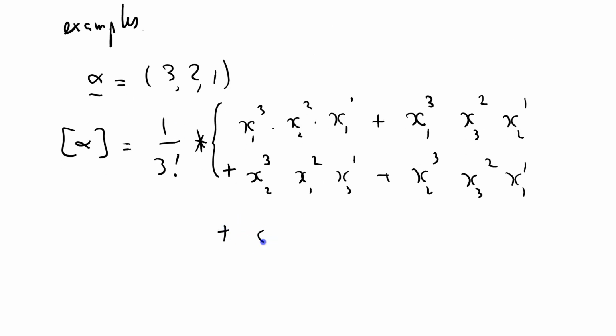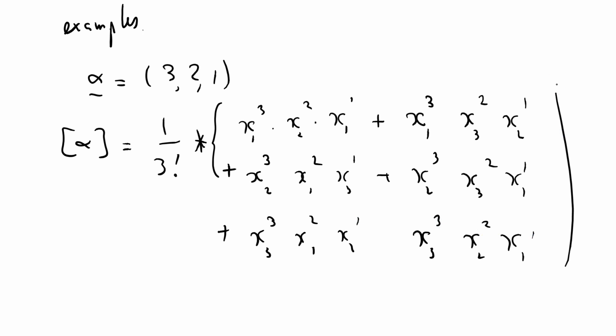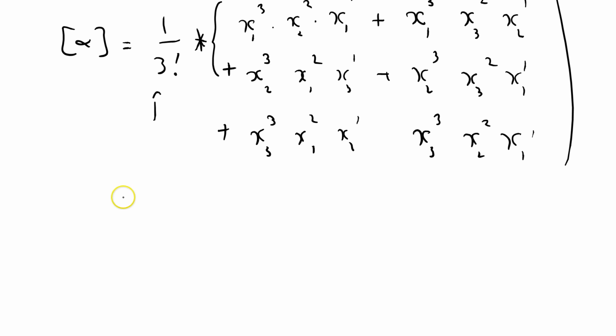So let's do the other ones: x3, x1, x2, and x3, x2, x1, to the power 3, 2, 1. There we go. And it's a sixth of all those, so it's kind of an average. It's actually called the symmetric mean of alpha with respect to x. It's got x's in and alphas in, but there it is.